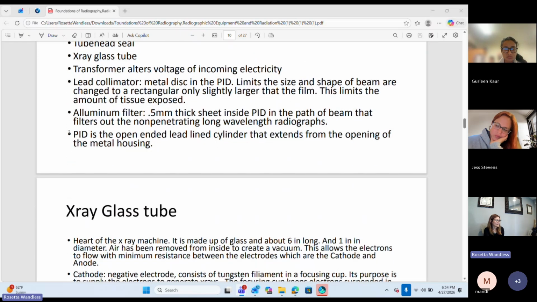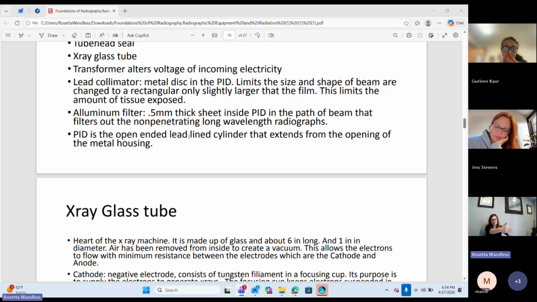The PID stands for position indicating device. Okay, just in case, I know those were vocabulary words we had last week, but PID stands for position indicating device. If you ever saw a high-powered zoom lens on a camera, that piece that sticks out, that's what a PID looks like. It's the long piece that focuses in on the beam itself, which we want.